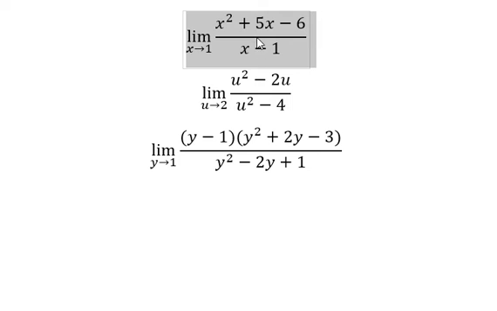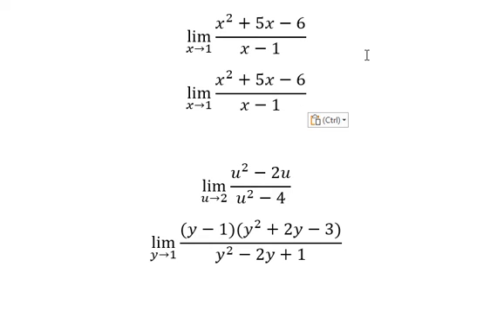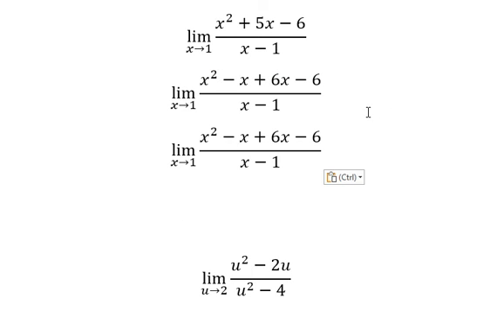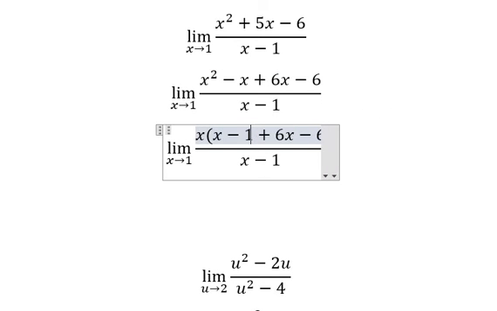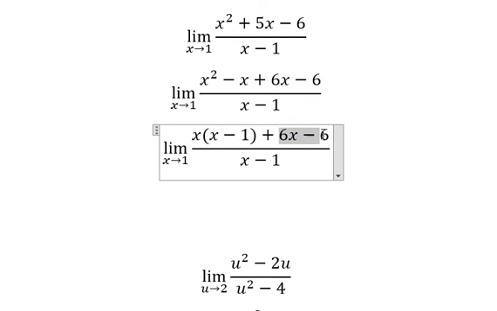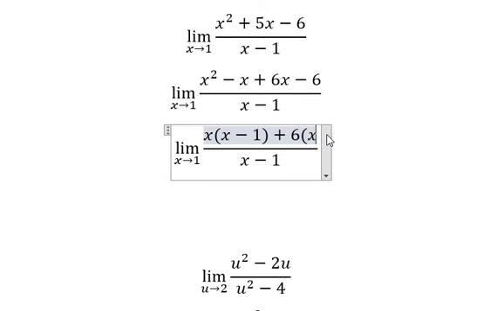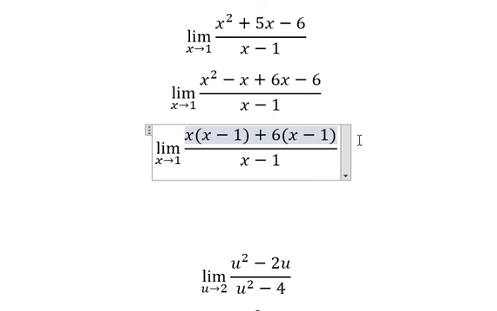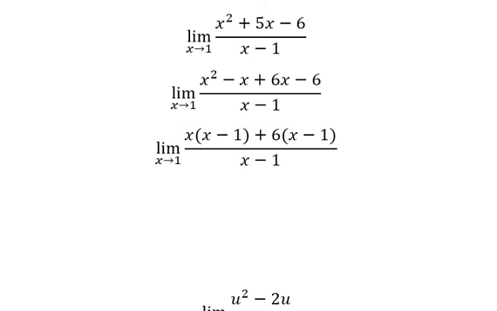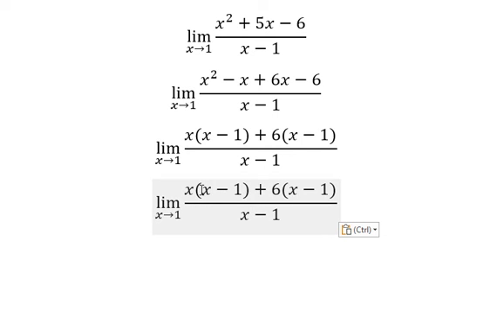About the first one, we can put 5x into 6x minus x. Next, we can do factorization by x. This one by number 6. Next, we can do another factorization by x minus 1.